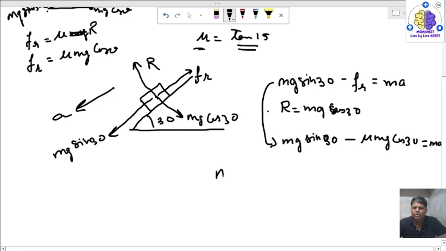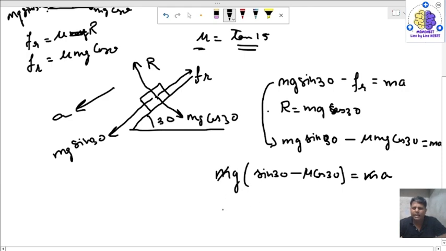Now taking mg common, what we get is mg times sin 30 minus mu cos 30 is equal to m into a. So this m and m cancel out.